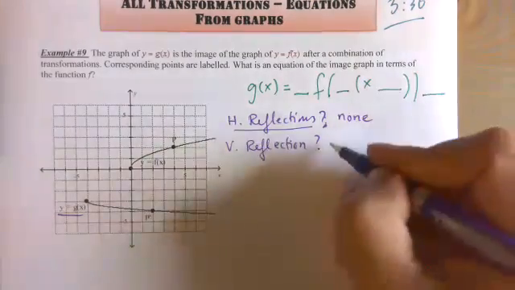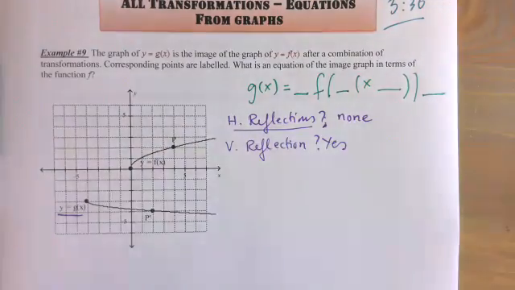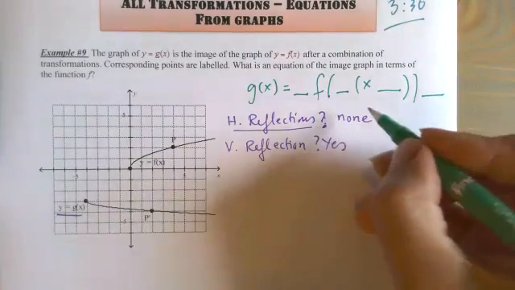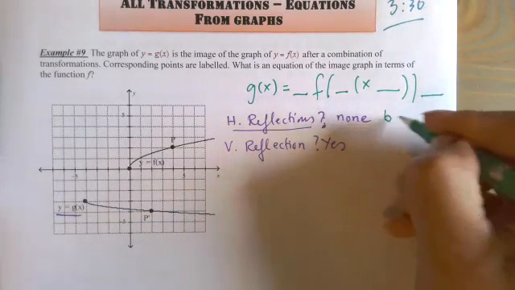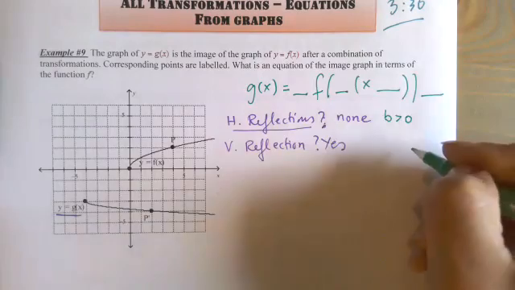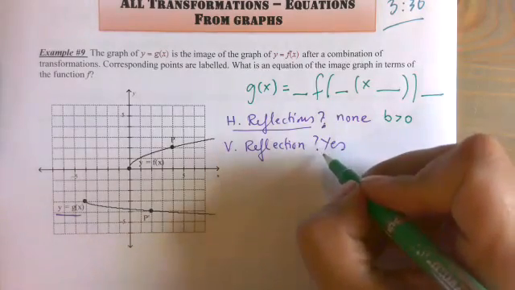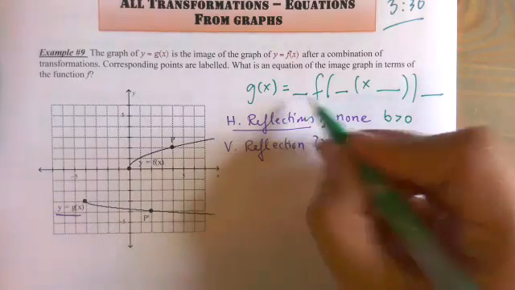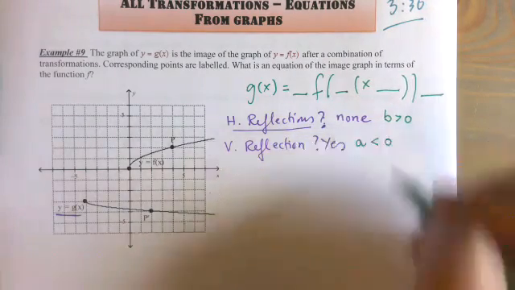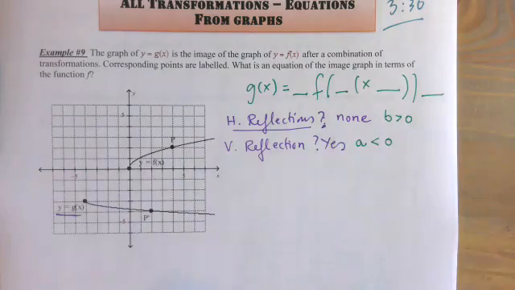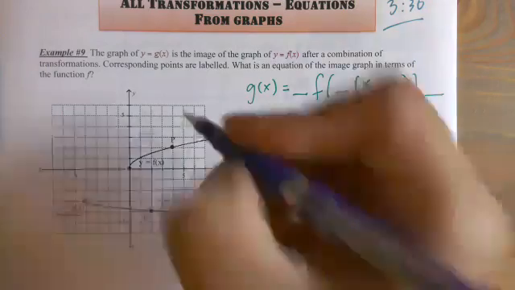So this one, yes, it happens. Now, when you have no reflection in the horizontal direction, that's reflected in the b parameter, so we know the b parameter will be positive. When you have a vertical reflection, that's going to happen in the a parameter. We know that the a parameter will be less than 0. So far, so good?